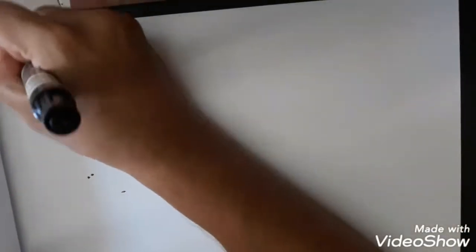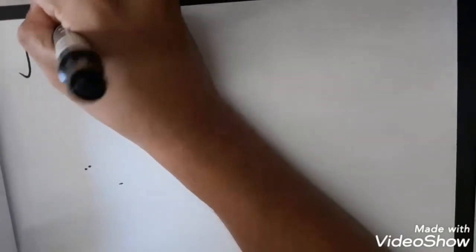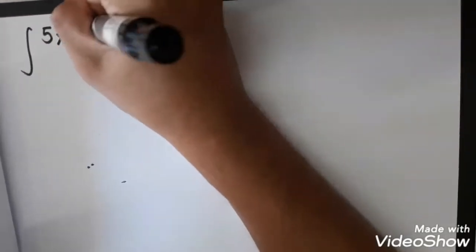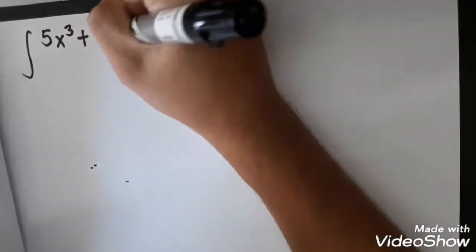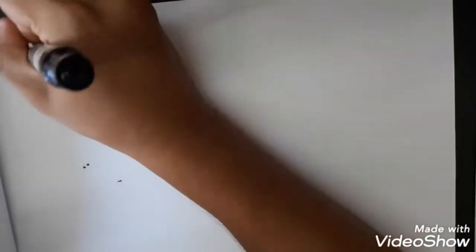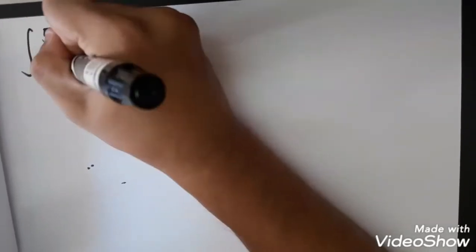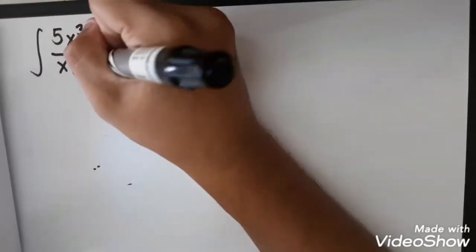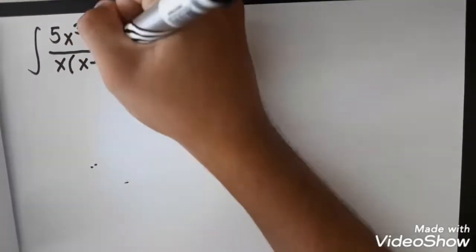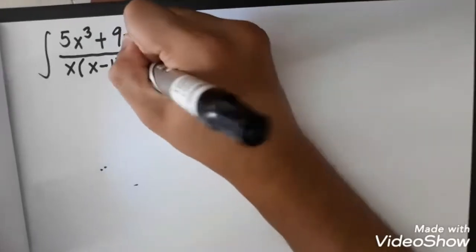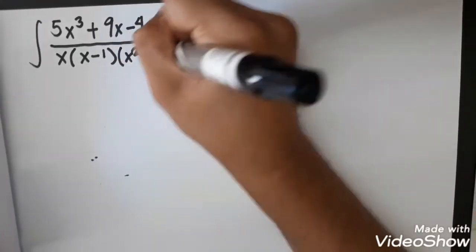Let us integrate 5x cubed plus 9x minus 4 over x times x minus 1 times x squared plus 4 dx.